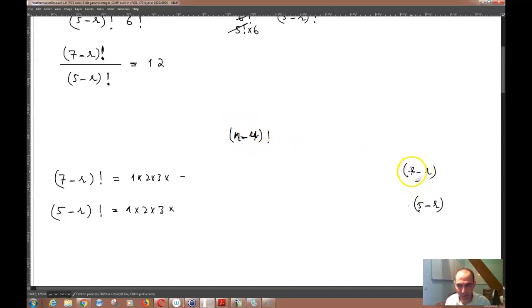But right now my variable is being subtracted from some number, and this is a little bit more complicated. I mean, not really more complicated, but working with it is a little bit more complicated.